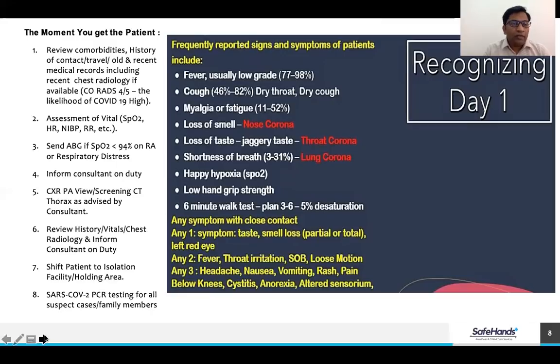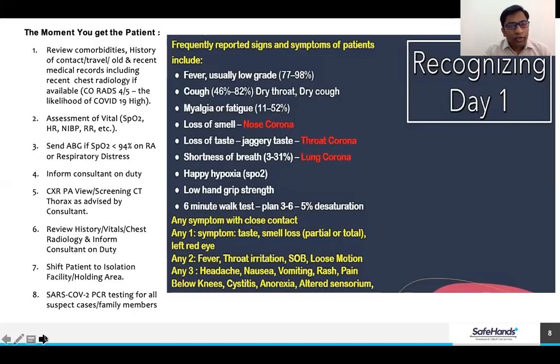For every patient, we have to assess their comorbid conditions. Comorbidities make the patient more vulnerable, and we tend to neglect the comorbidities, focus on COVID-19 management, and they succumb because of the comorbidities. That should not happen. So adequate management of comorbid conditions is very essential in treating COVID-19 disease.